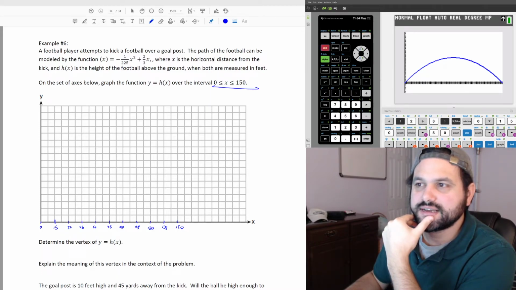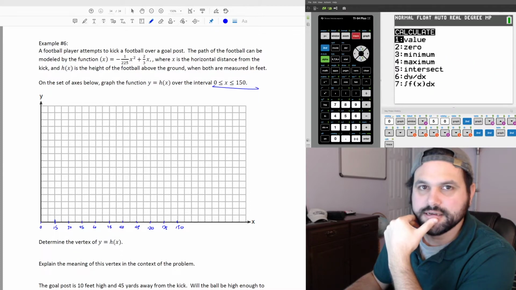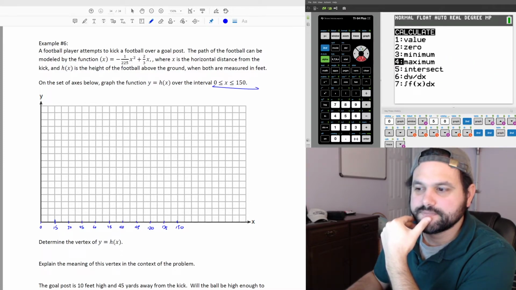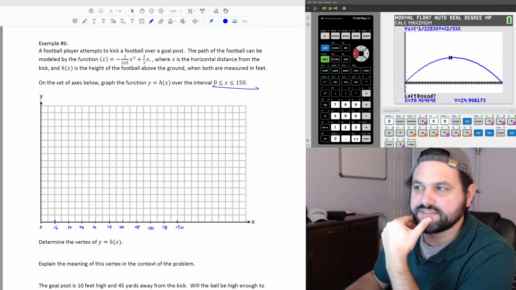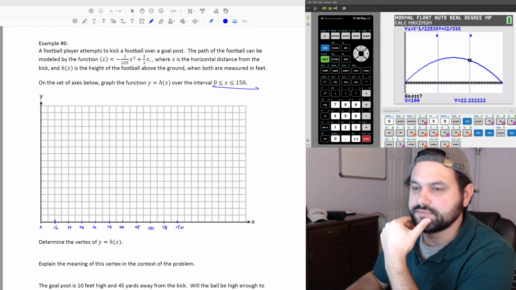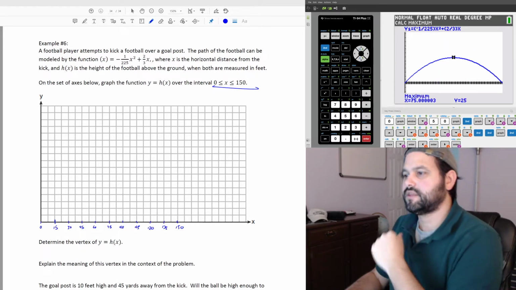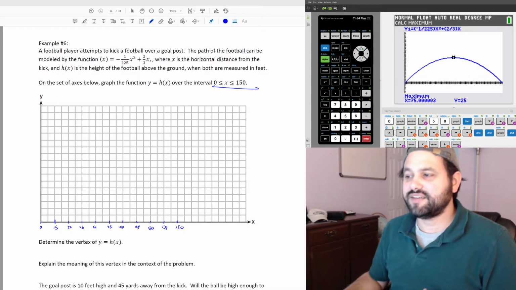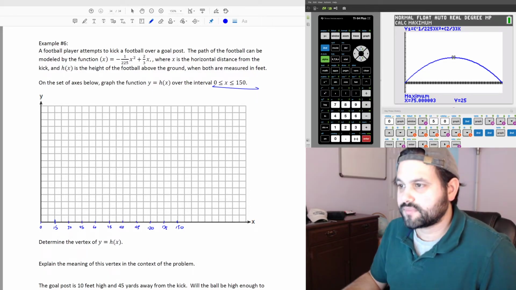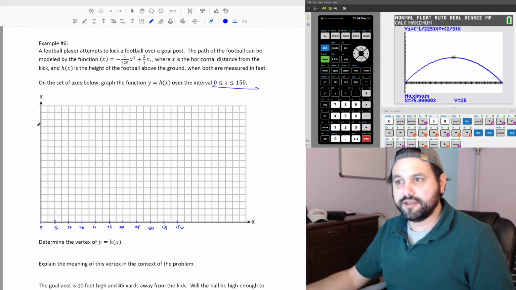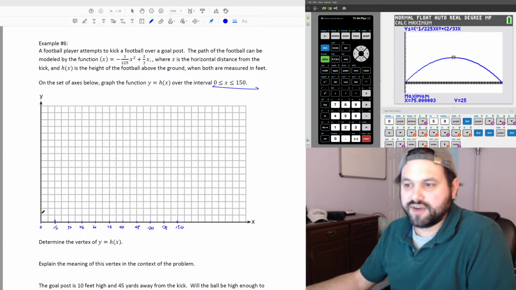So let's do second calc, and let's do the maximum. Let's go to the left side of the maximum. Hit enter. Go to the right side of the maximum, and hit enter. Enter one more time. And the maximum is at 75, 25.